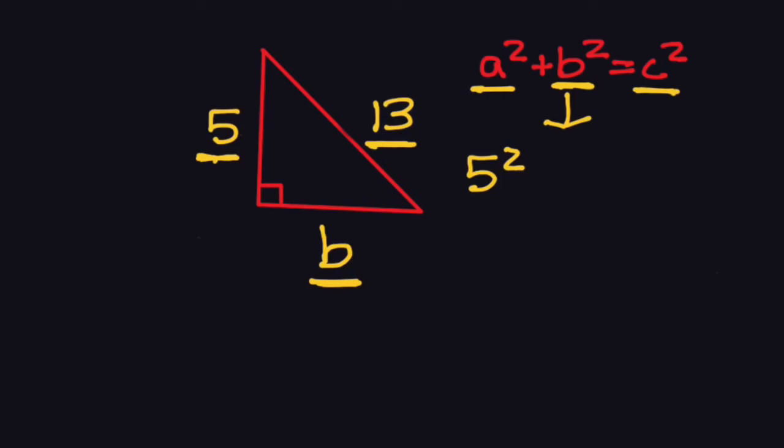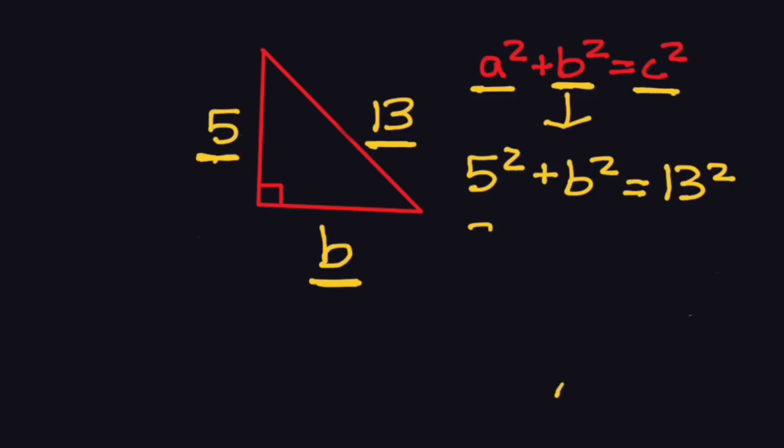So a squared becomes 5 squared. And we don't know what b squared is, so we're just going to keep it unknown. 5 squared plus b squared. b squared is going to stay as b squared. However, in this case, we do know what the length of c is, the hypotenuse, so c squared can now become 13 squared.